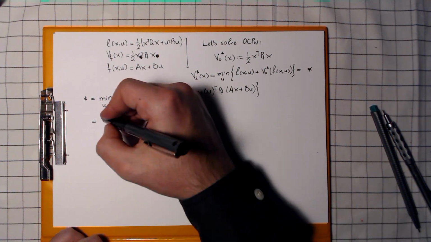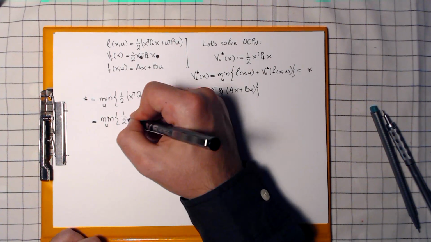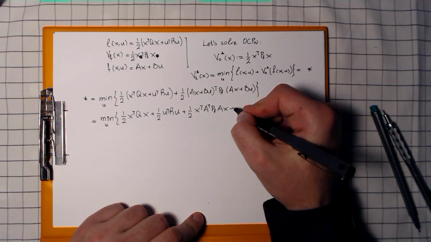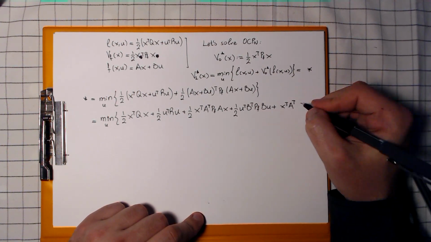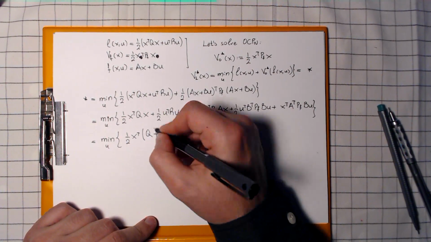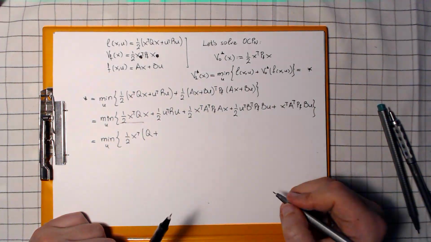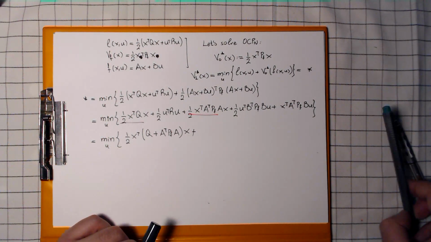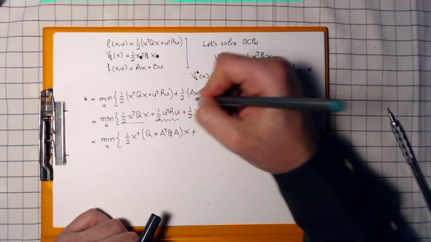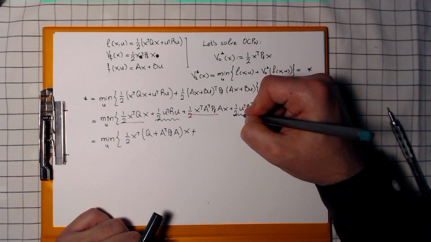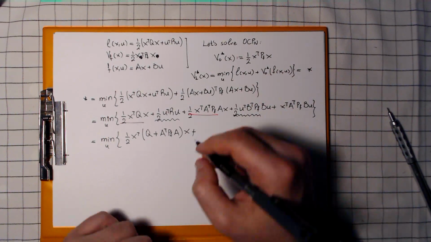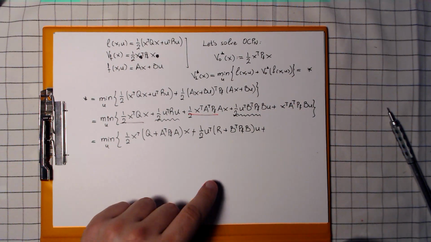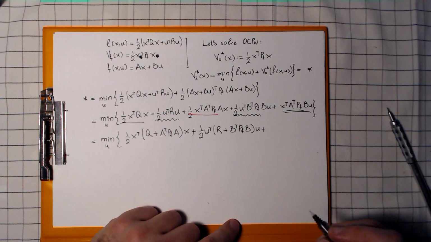We can expand these things, just multiplied by 1/2. Now we combine this one with this one. Second, we combine this term with this term, and 1/2 goes outside. And lastly, this term by itself.